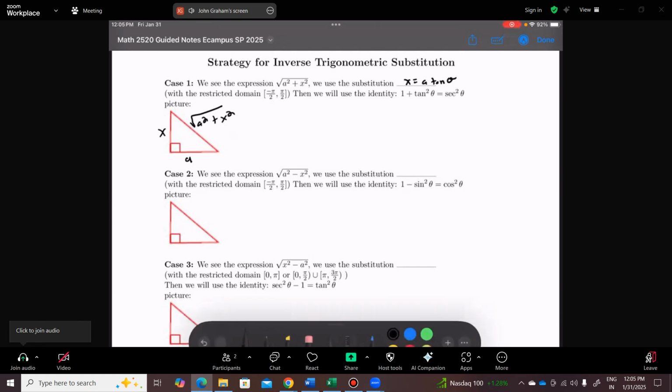Your leg squared plus your other leg squared equals your hypotenuse squared, and if you take the square root, you get again a squared plus x squared. So that's why that one works.